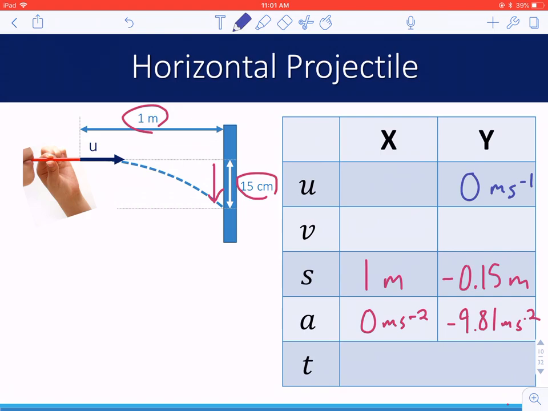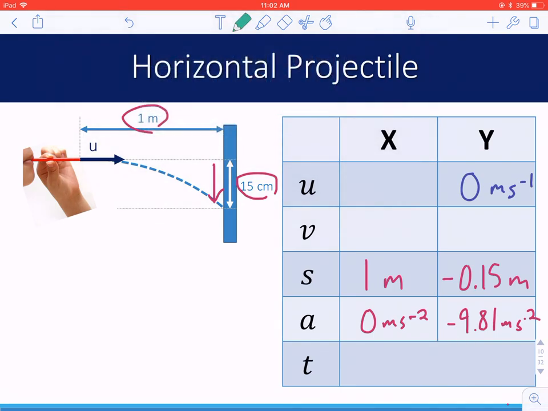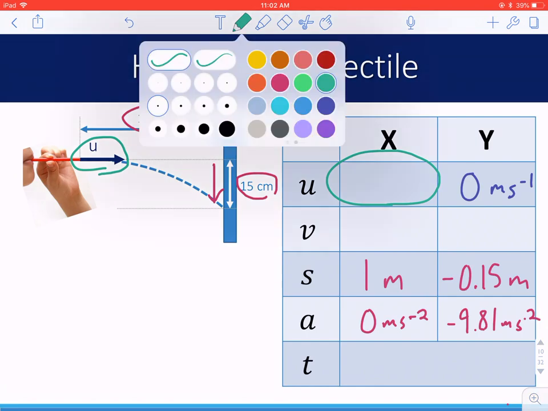With that in mind, I can start with the y and find what t is. Ultimately, what I'm looking for is the initial velocity u in the x direction. That's my goal, but before I can get there, I need to find t.